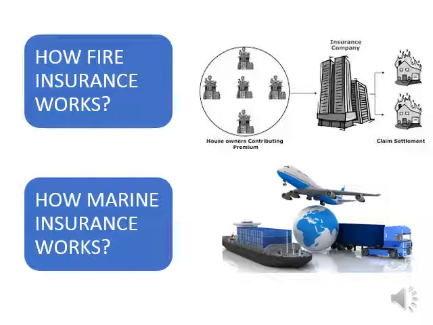Accident statistics are available: if there are 500 cars, statistically 5 cars will get totally destroyed. Now we have to work out how much premium. So 10,000 multiplied by 5 is 50,000 rupees, which is going to be the loss.